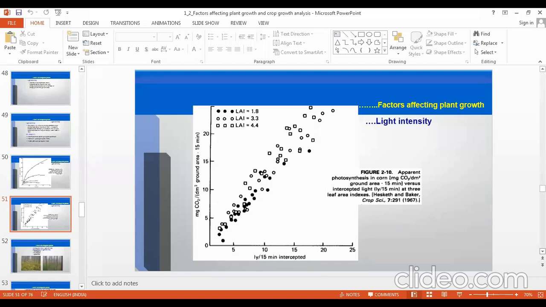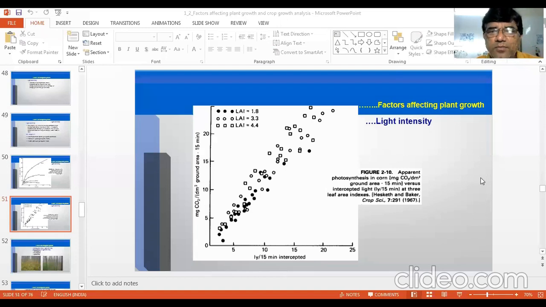In this case, you can see that it is linearly increasing in all the cases. In this picture, you can see there are different leaf area indices, 1.8, 3.3, 4.4. Under all 3 cases, if you increase the light intensity, the photosynthesis rate increases.